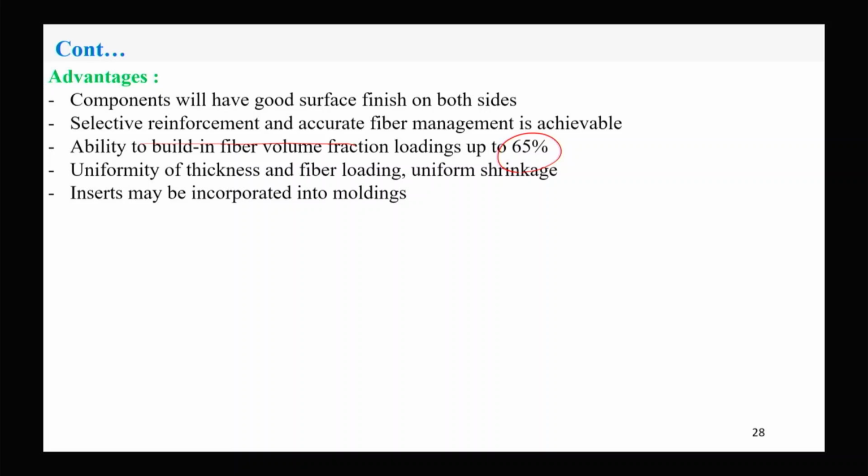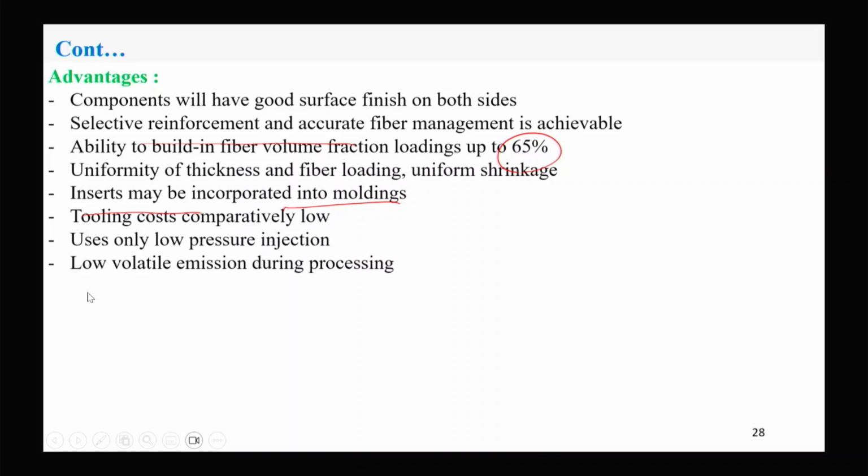So we can insert different other items within the mold apart from the reinforcing material. Tooling cost is comparatively low. Use only low pressure injection.